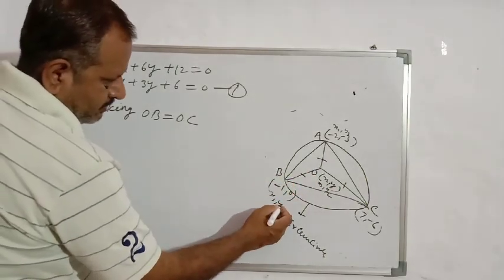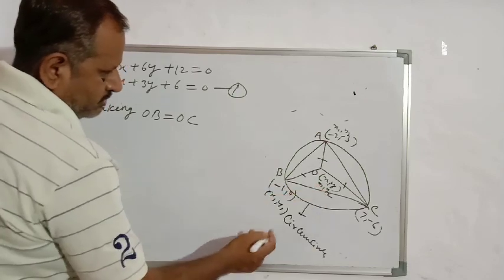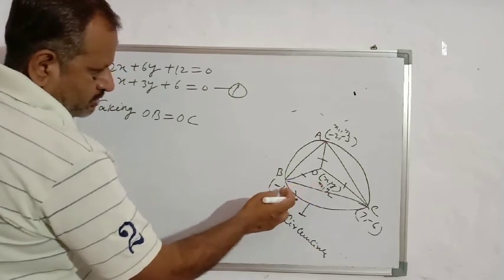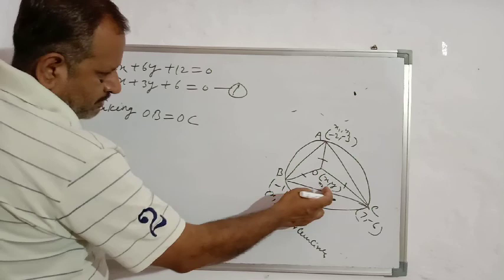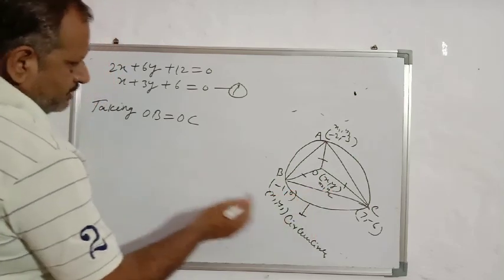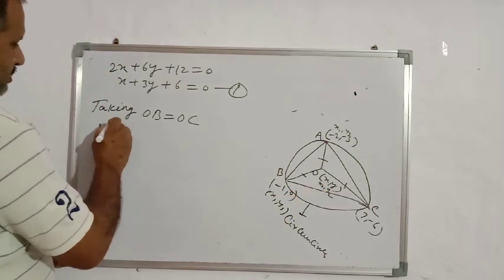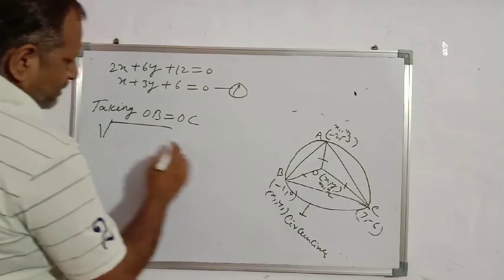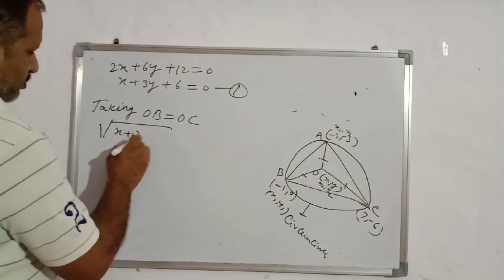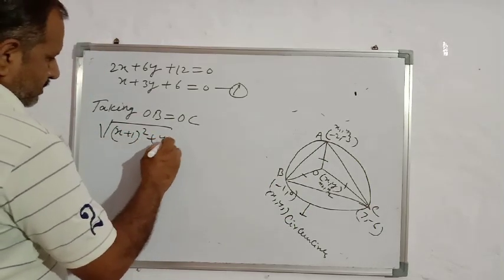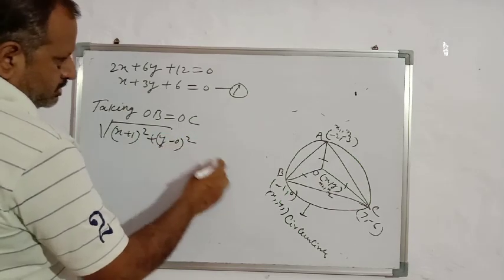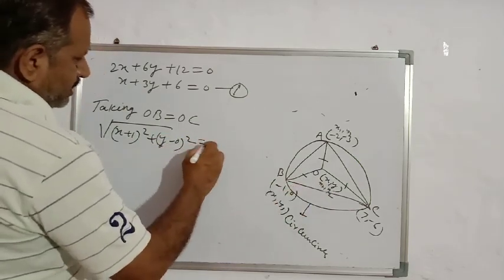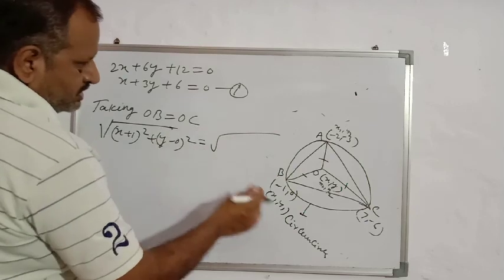Suppose this is x1, y1 and this is x2, y2. So square root of x2 minus x1 whole square plus y2 minus y1 whole square. So x plus 1 whole square plus y minus 0 whole square is equal to OC.